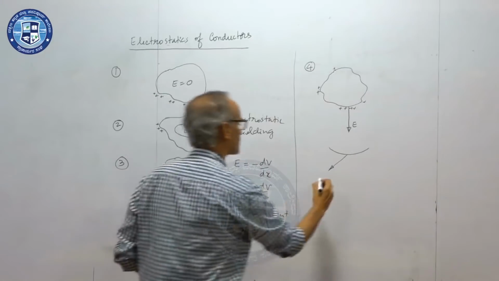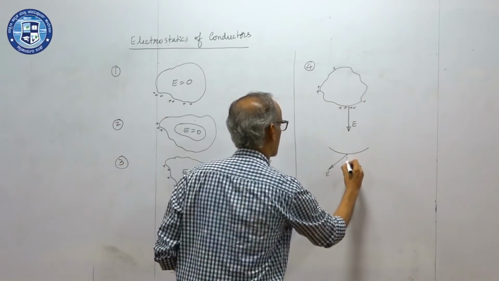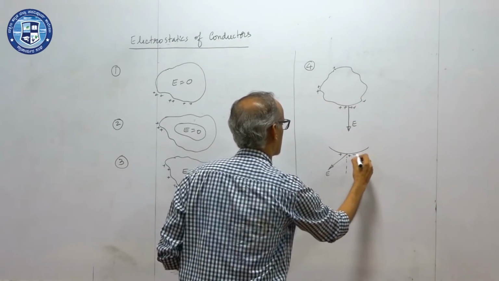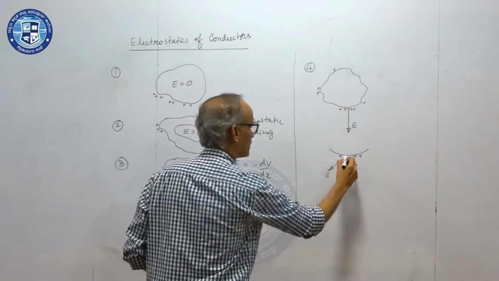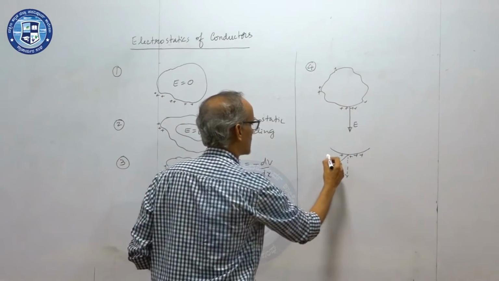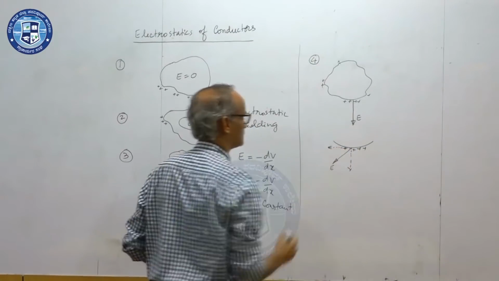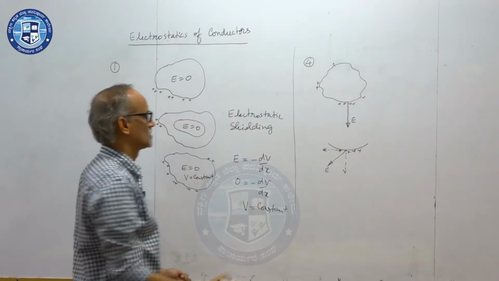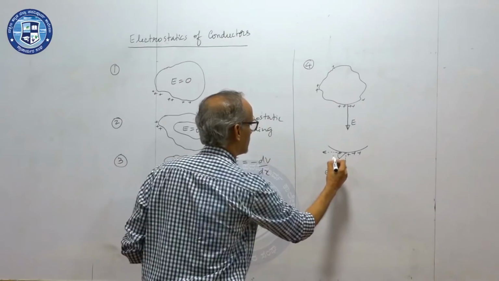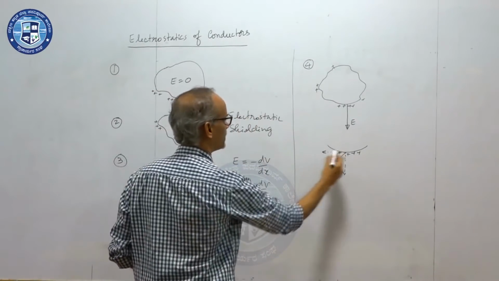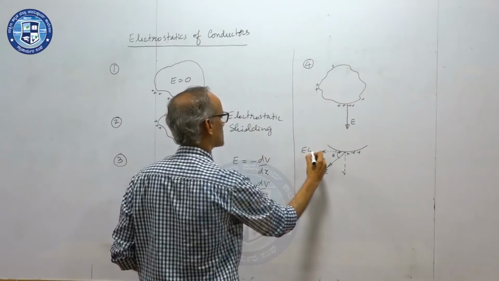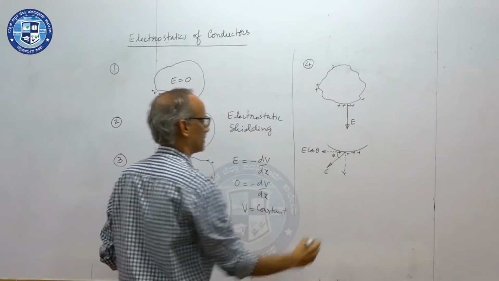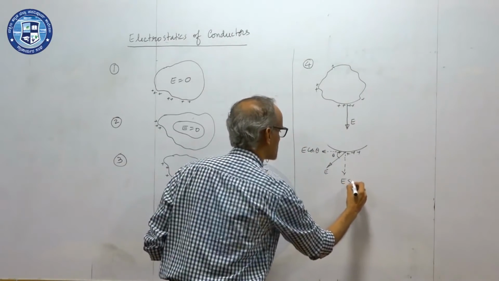If it is not normal, then it has a component along the normal as well as along the tangent. So if this is theta, the component tangent to the surface of the conductor will be E cos theta, and along the normal it will be E sin theta.